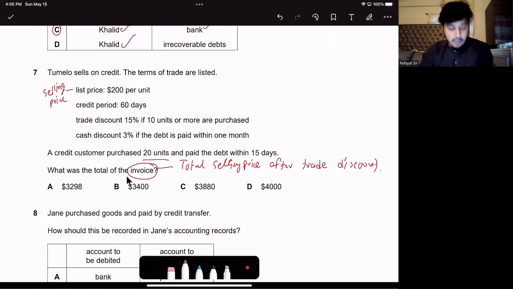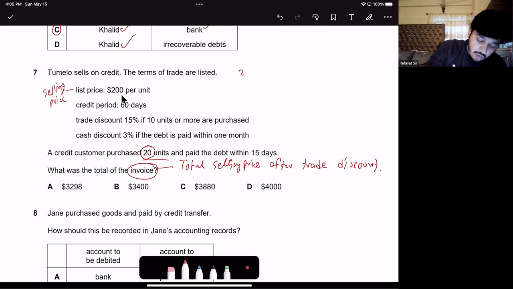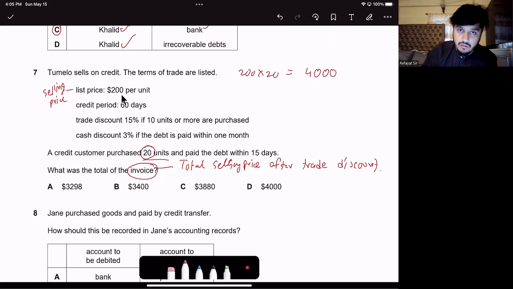So let's calculate that one, shall we? The customer bought 20 units, as you can see, and the cost of each unit is $200. So 200 times 20 is $4,000. To that product, which costs $4,000, we're giving a 15% trade discount.